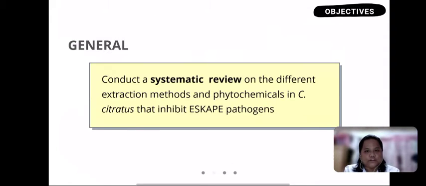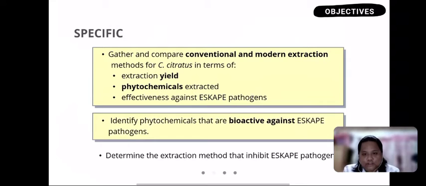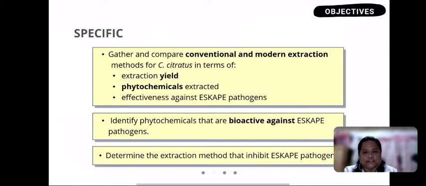With this, the general objective of our study is to conduct a systematic review on the different extraction methods and phytochemicals in C. citratus that inhibit ESKAPE pathogens. Specifically, to gather and compare conventional and modern extraction methods for C. citratus in terms of extraction yield, phytochemicals extracted, and effectiveness against ESKAPE pathogens. To also identify phytochemicals that are bioactive against ESKAPE pathogens, and to determine the extraction method that inhibit ESKAPE pathogens.